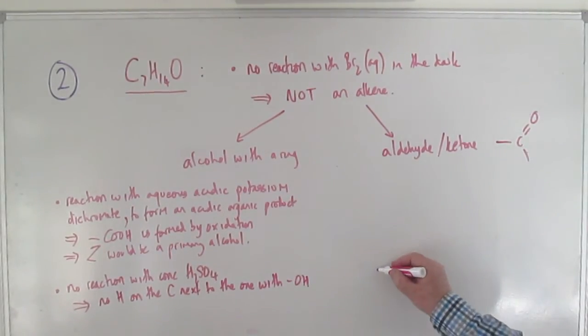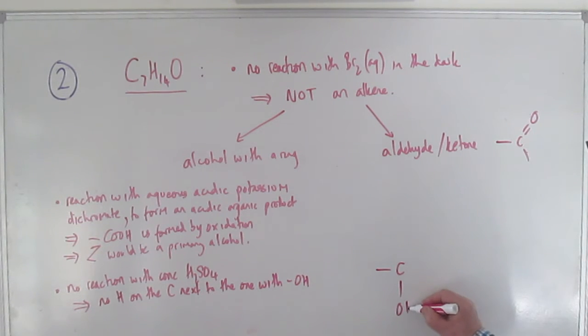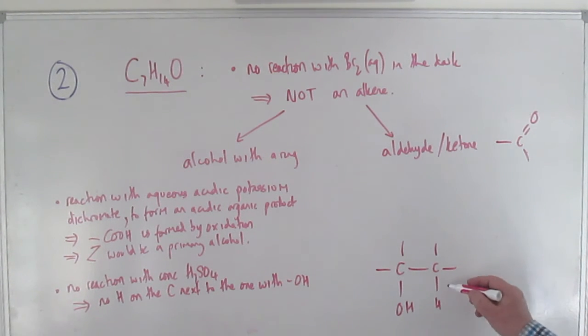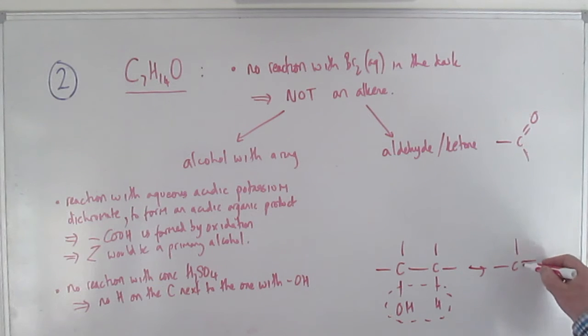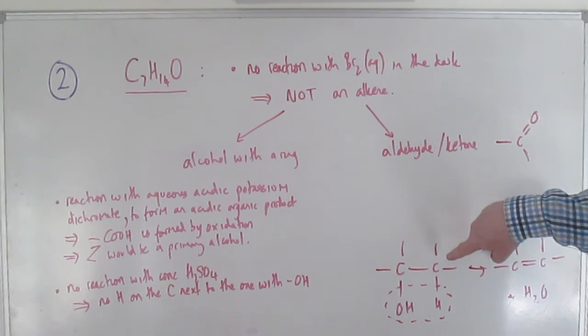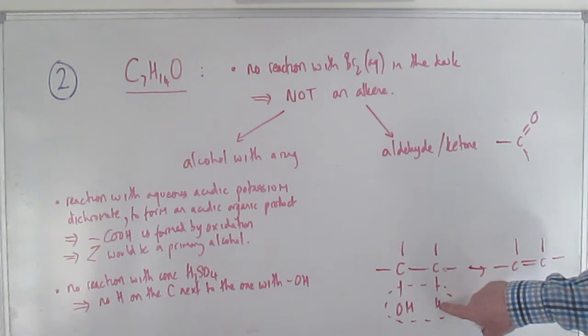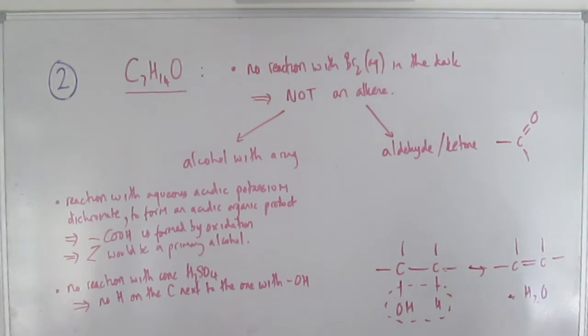Okay, so just to be very clear, the way the elimination reaction with conc sulfuric acid works is that you have to have two adjacent carbons, one with an OH on and then the next door one with a hydrogen on, because then you can take that lot away to form water, and it gives you your alkene group here. But that's only possible if the carbon next to the one with the OH has a hydrogen to eliminate. So the fact that it doesn't react tells you that there would be no hydrogen on the carbon next to the one with the OH.